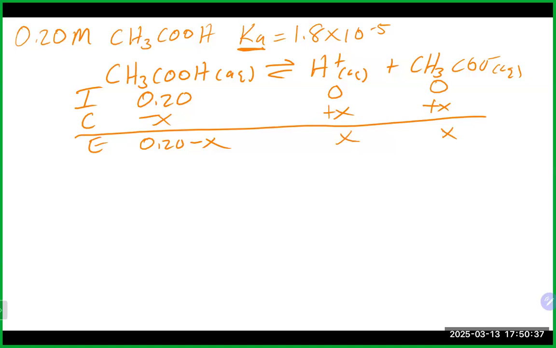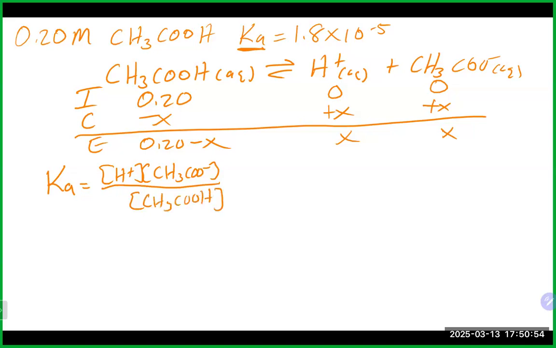Now, this is just like a normal Ka problem that we did in the previous chapter. We go into our Ka expression, which is our products divided by our reactants. Obviously, if you use water, you would not include it. That equals 1.8 times 10 to the minus 5. Pop in our numbers and we get x squared divided by 0.2 minus x equals 1.8 times 10 to the minus 5.